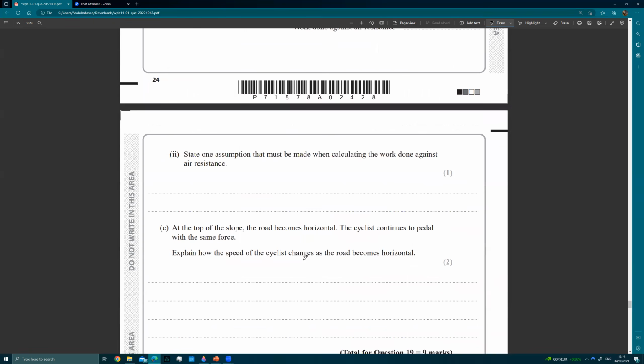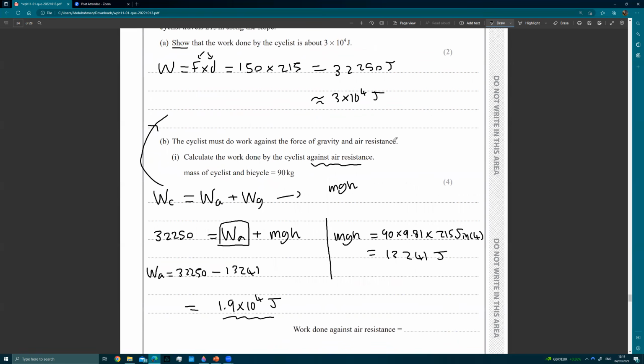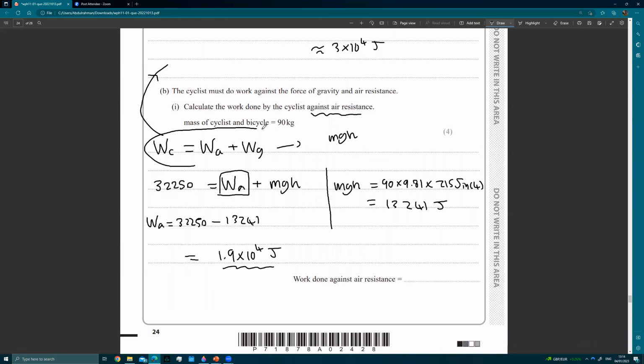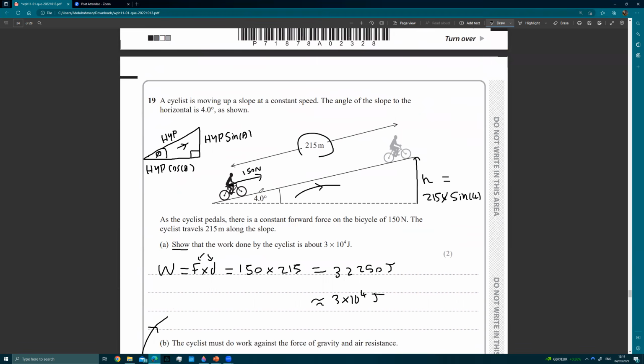State one assumption that must be made when calculating the work done against air resistance. When we calculated the work done against air resistance here, we assumed that all of the work done by the cyclist was converted to work done against air resistance and work done against gravity. However, in real life, maybe that's not the case. Maybe some of the work done by the cyclist is also converted to work done against frictional forces, so the friction between the tires and the ramp.